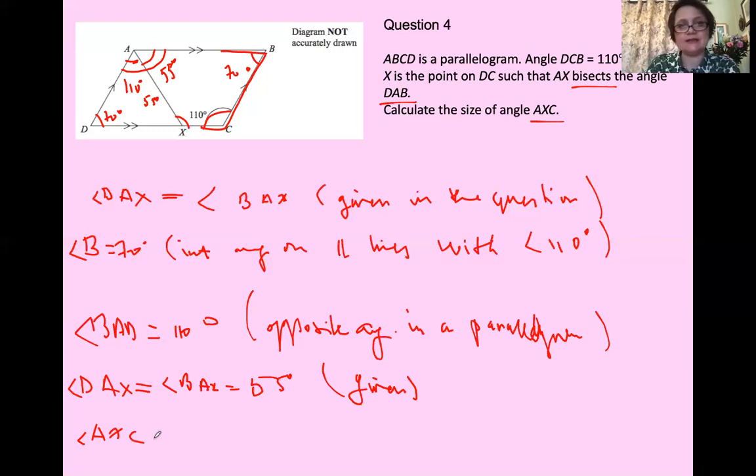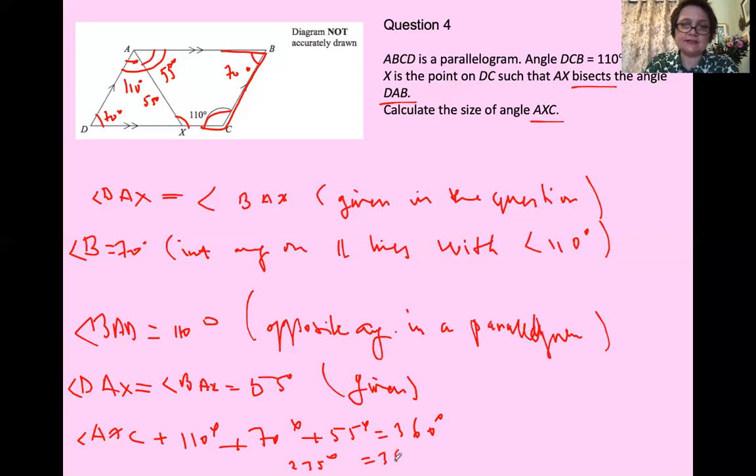AXC plus 110 degrees plus 70 degrees plus 55 degrees equals 360 degrees. If we add them all together here, they make 180, plus 55, they're going to make 235 degrees.